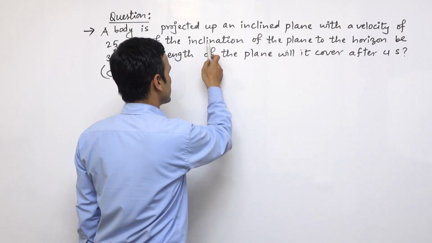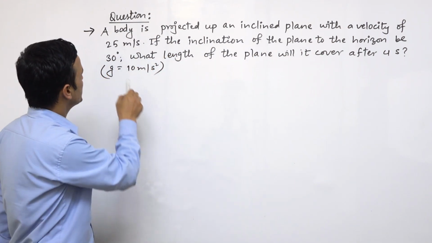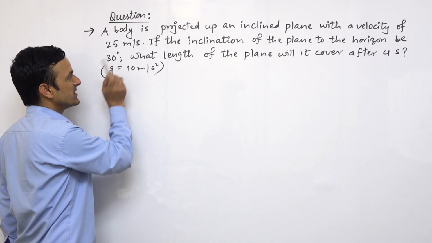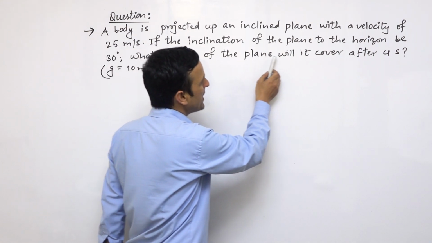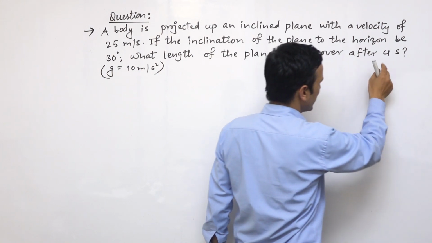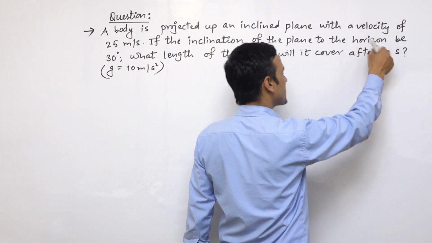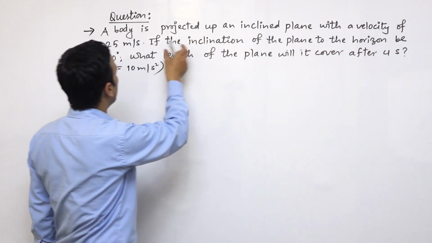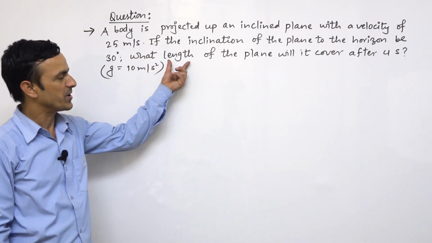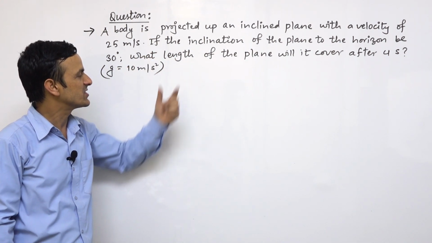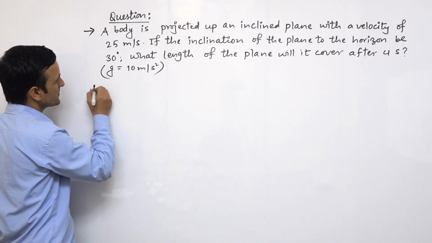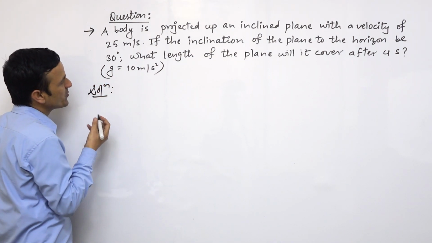So angle of inclination is denoted by theta, which is given in degree. What length of the plane will it cover after 4 seconds? So this is time. 4 seconds पछि तो body ले कति length cover गर्छ? We are going to find this one. So length is required here. So for this, we can find out this one.